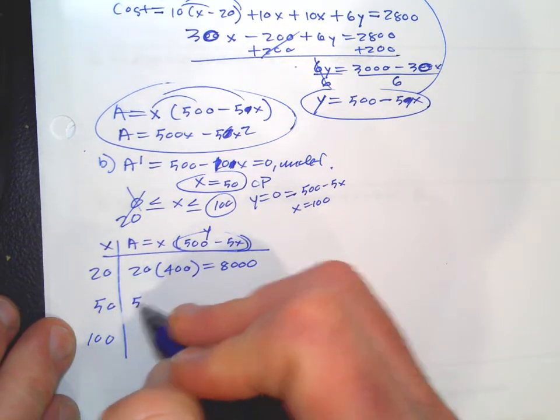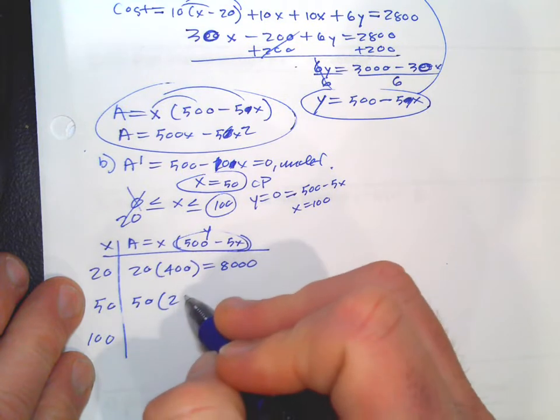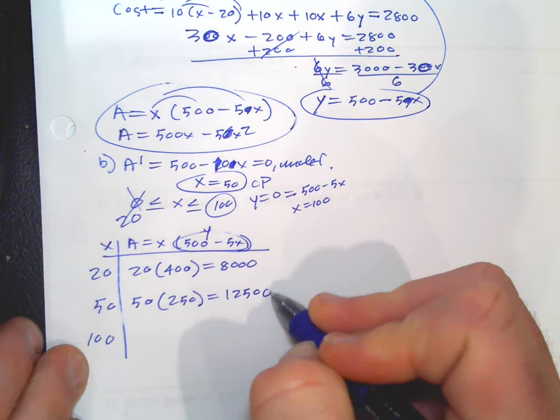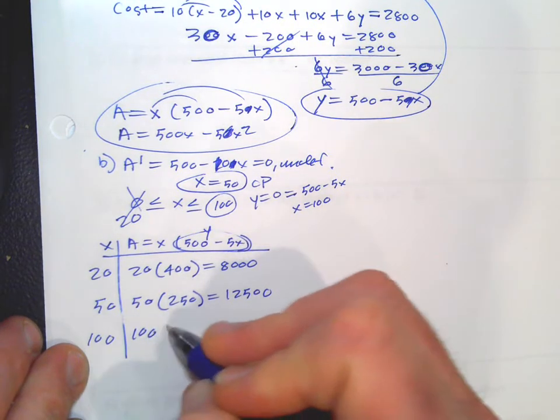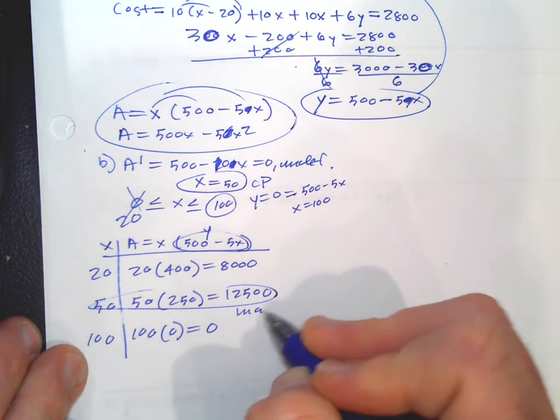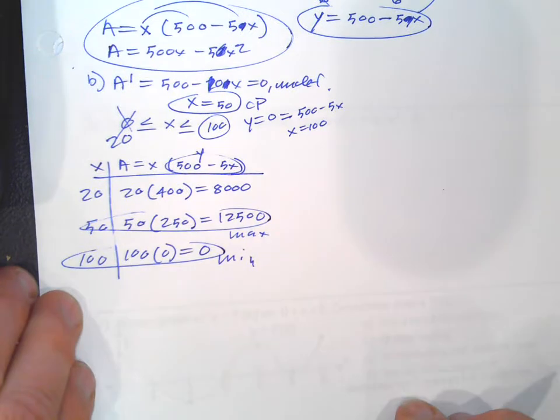Plug 50 in, you get 50 times 5 times 50 is 250. 250. 5 times 25 is 125. Add 2 zeros. Put 100 in, plug 100 in, and you get 0. So here's your max. Here's your min. Same work for the max and min. We're going to write our answer nice.